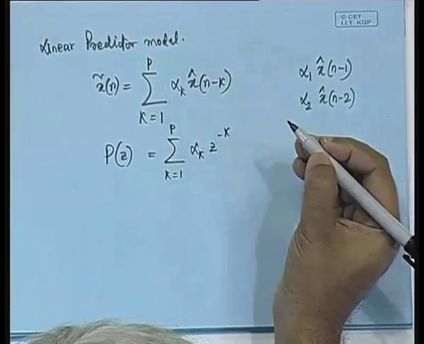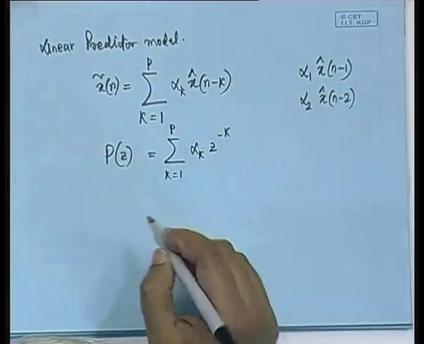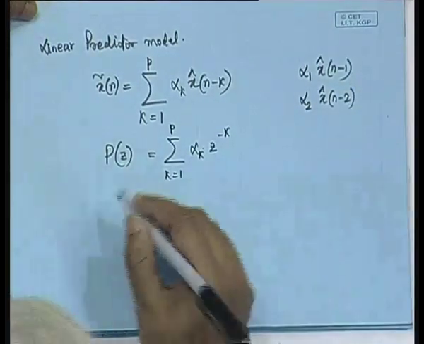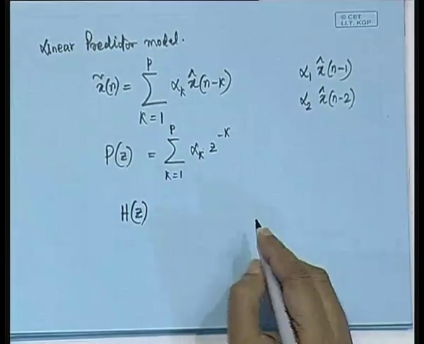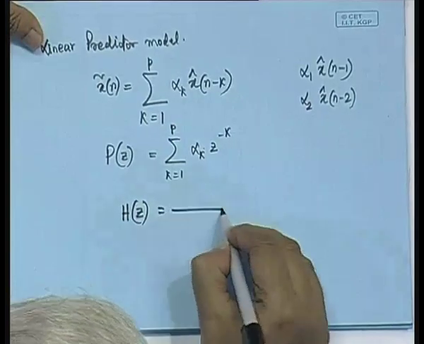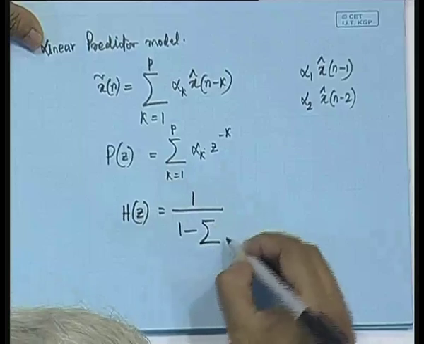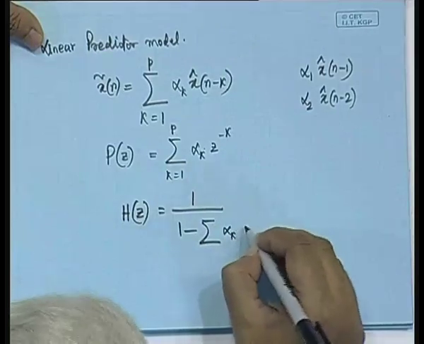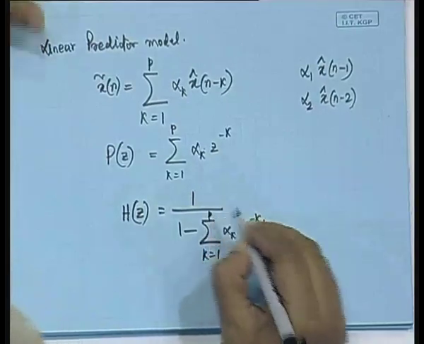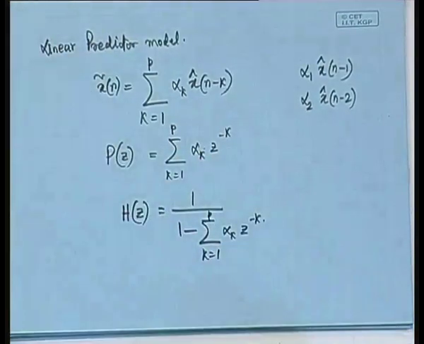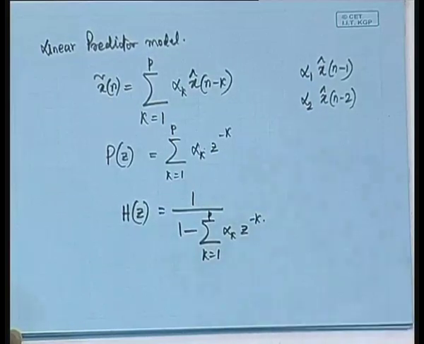So in the overall system, if it has a Z transform H of Z, then H of Z can be written as 1 minus summation alpha k into Z to the power minus k, k is equal to 1 to P. This is the equivalent Z transform expression.